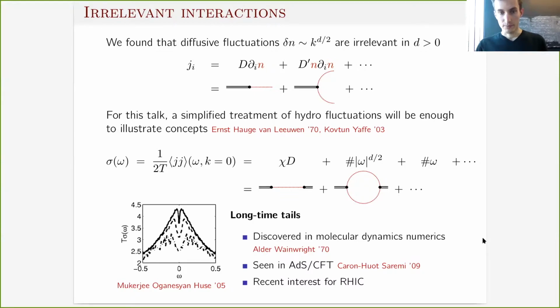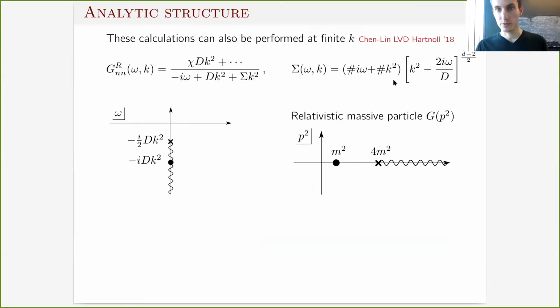All right. So as a mild extension of this, I'd like to compute this again, but at finite wave vector, because it's going to be useful for later. So let's compute the current two-point function at finite frequency and wave vector. You can do this. We did this in this paper. This will lead to a kind of universal correction to diffusion.